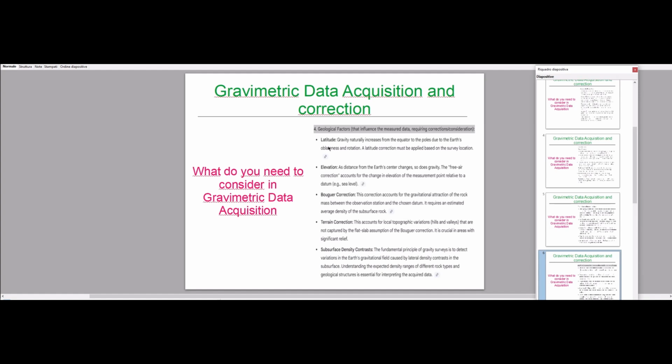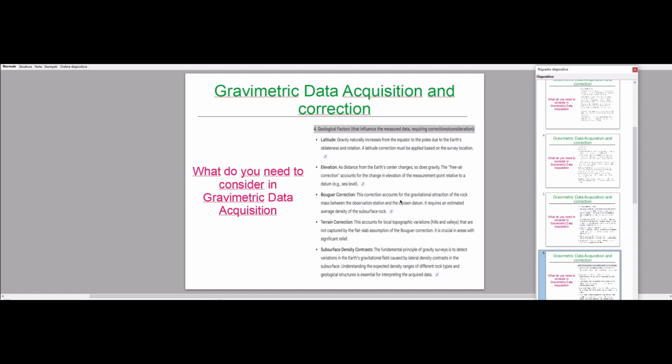The elevation: as distance from the Earth's center changes, so does the gravity. The free air correction accounts for the change in elevation of the measurement point relative to the datum. We also have to do the Bouguer correction. This correction accounts for the gravitational attraction of the rock mass between the observation station and the chosen datum.